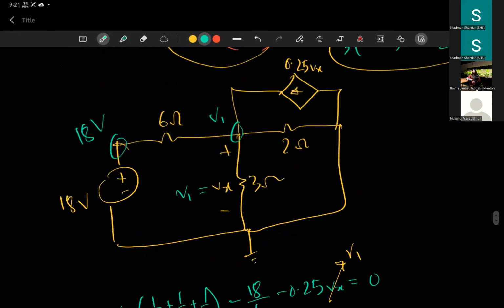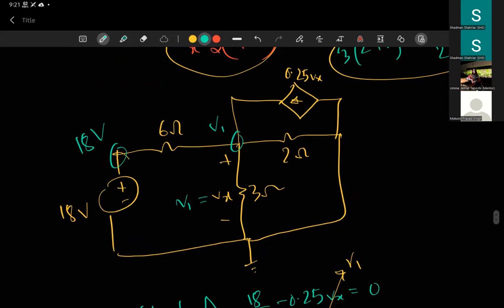V1 is 4 volts. Now we figure out the current through here. Some of you have tried to solve this by doing node analysis, and if you're trying to find ISC, you have to find the current. How can you find this current? Basically you can do KCL here, right?